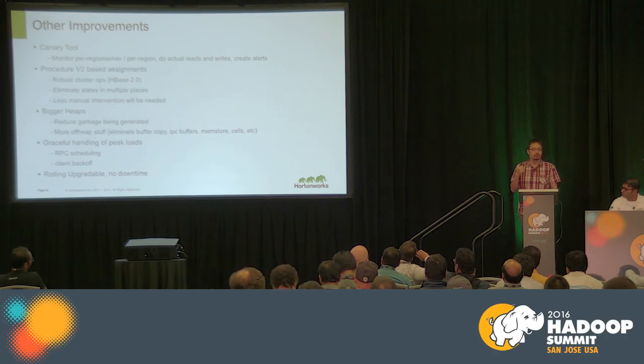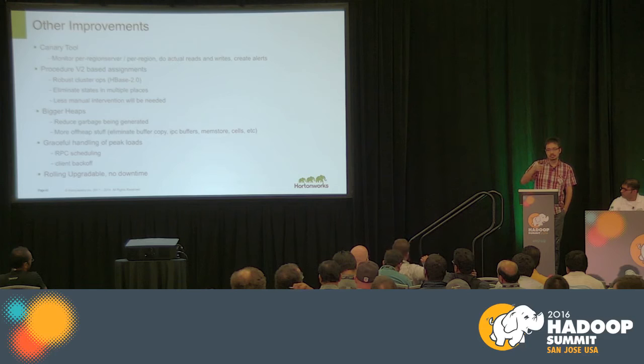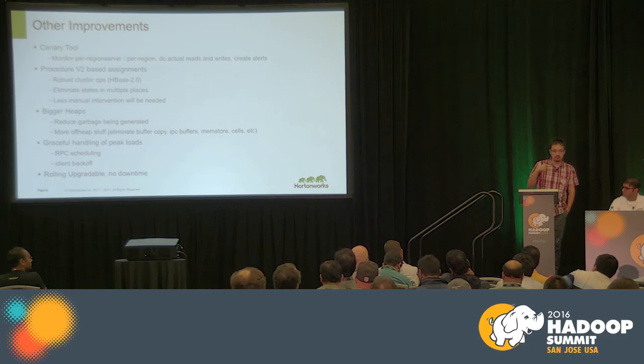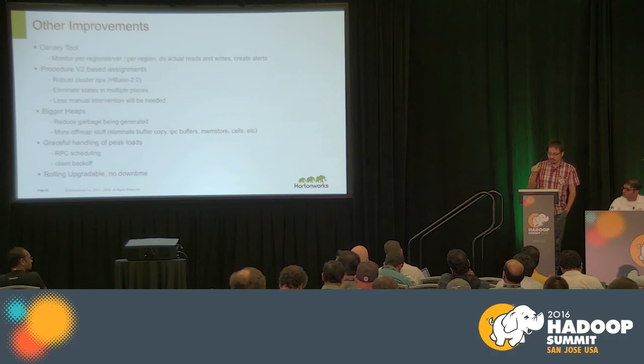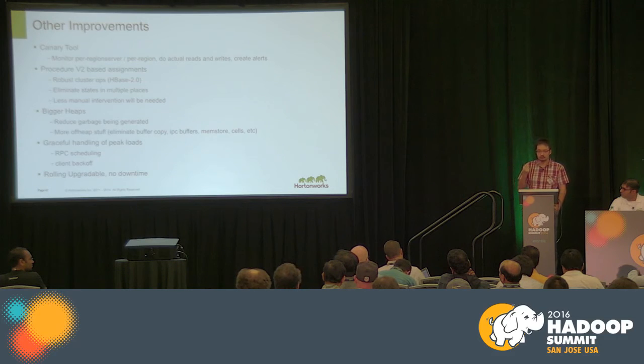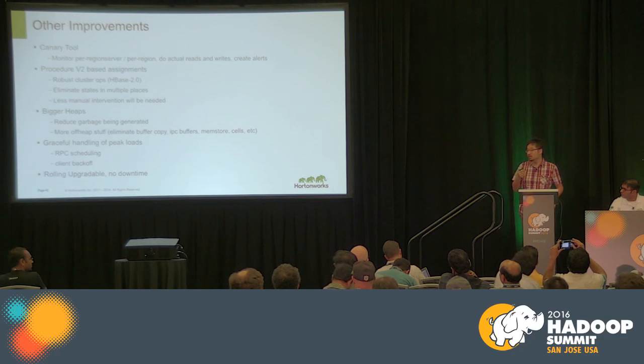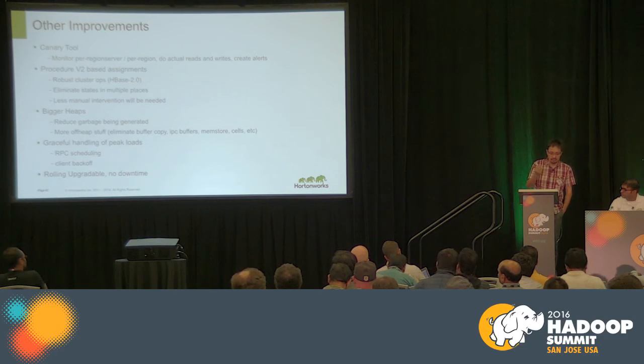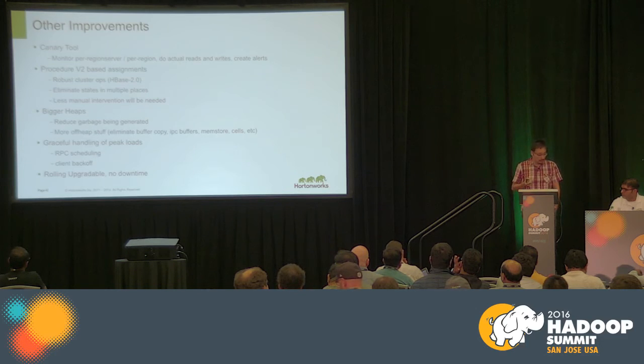It can talk to every region server in a round-robin manner. It can even talk to every region that your table has, and do an actual read to every region that you have. So that, as Tanvir was talking about, if one region is not available, then immediately you will get a notification from Canary, and then that alert will pop up somewhere, right?